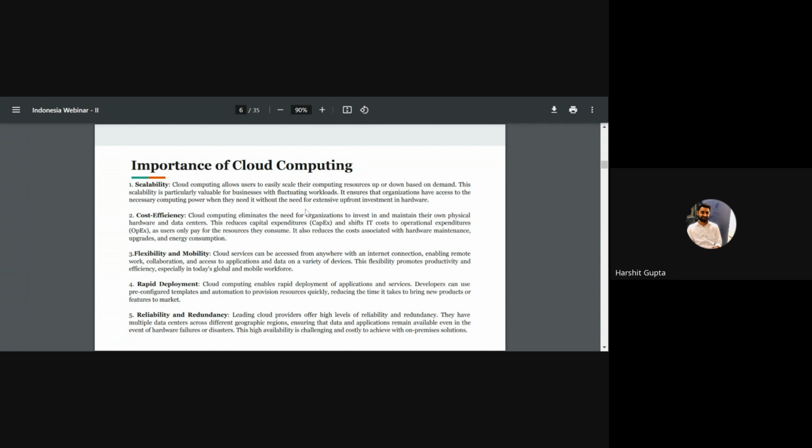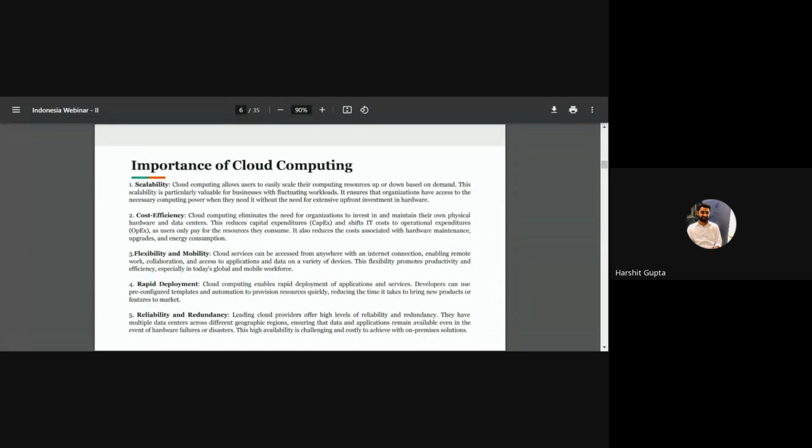Next is reliability and redundancy. The leading cloud providers offer a high level of reliability and redundancy. Like Google Cloud Services, we know that; Amazon Web Services, we know very well. There are multiple cloud service providers which make their entire infrastructure very secure, so that anybody can easily trust their infrastructure and use that service.